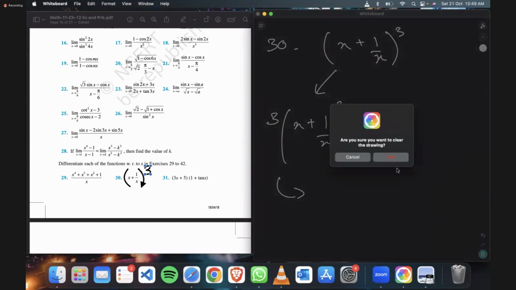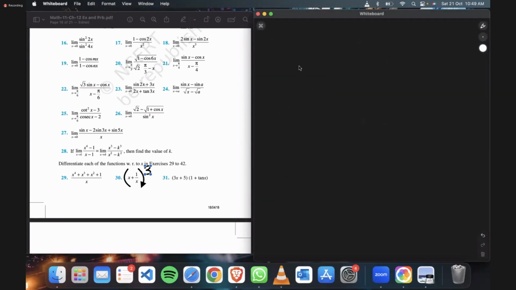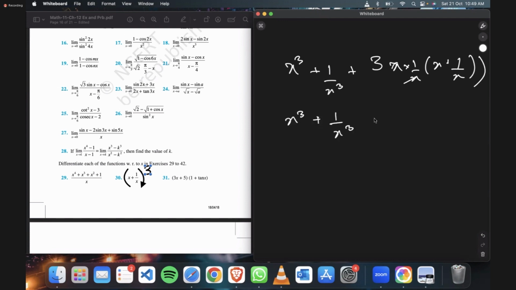I'll do that on the next page. So on opening that up, what I'll be having is x cube plus 1 by x cube plus 3a square b, so I'll just write it as 3ab times a plus b. So x cube plus 1 upon x cube plus 3 times x plus 1 by x.